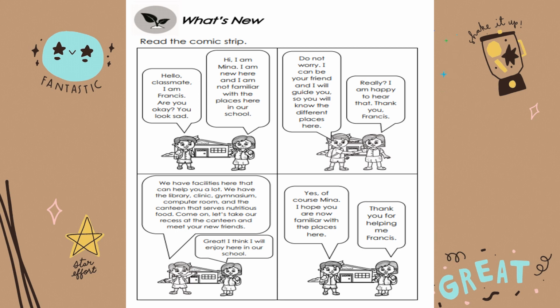We have facilities here that can help you a lot. We have the library, clinic, gymnasium, computer room, and the canteen that serves nutritious food. Come on, let's take a recess at the canteen and meet your new friends. Great, I think I will enjoy here in our school. Yes, of course, Mina. I hope you are now familiar with the places here. Thank you for helping me, Francis.